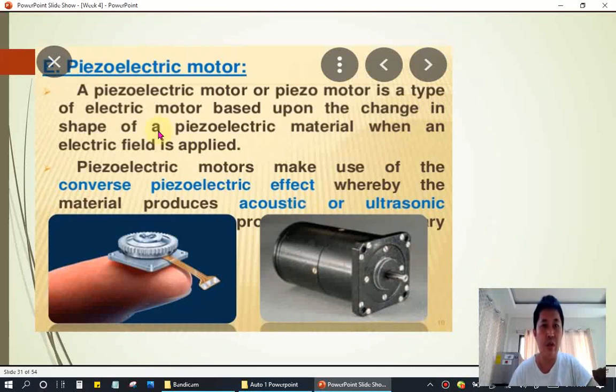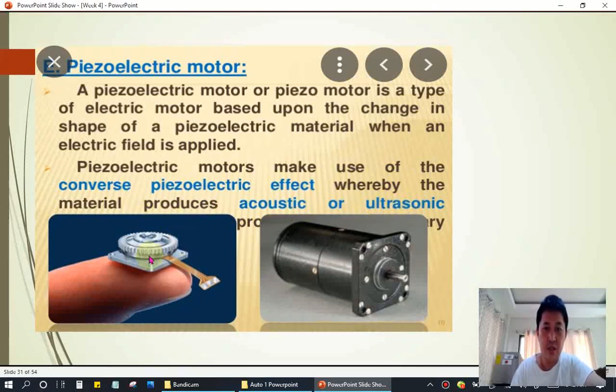Here, we have also the application of the piezoelectric motor. A piezoelectric motor or piezo motor is a type of electric motor based upon the change in shape of a piezoelectric material when an electric field is applied. So piezoelectric motors make use of the converse piezoelectric effect, whereby the material produces acoustic or ultrasonic vibrations.